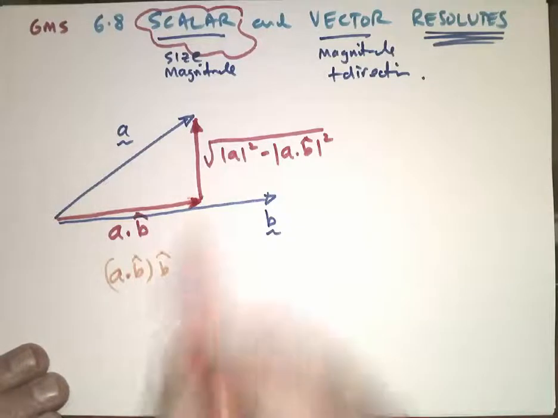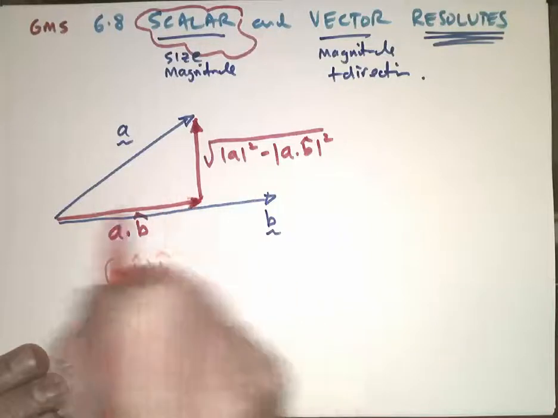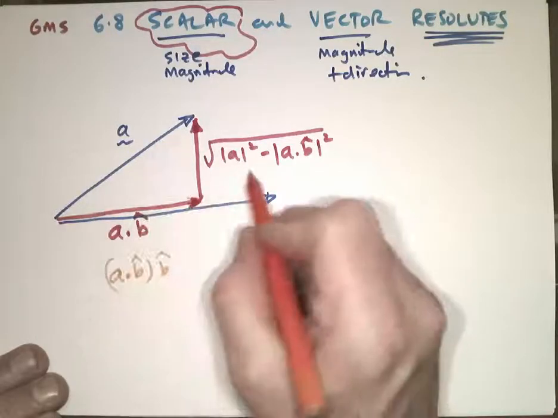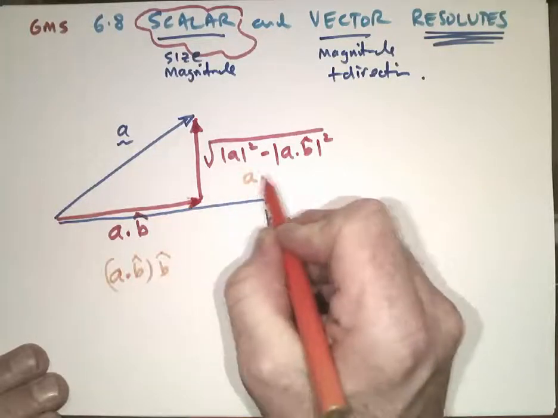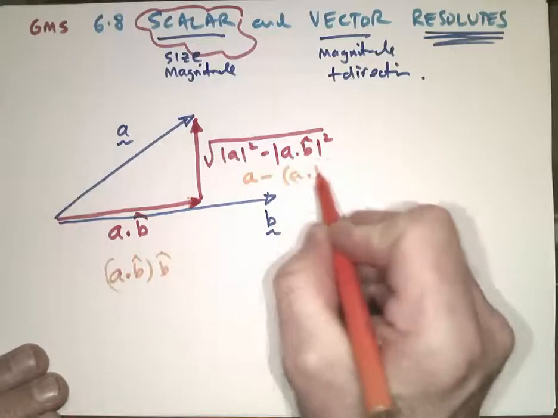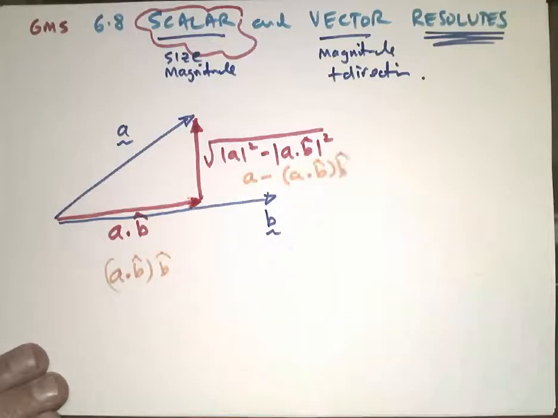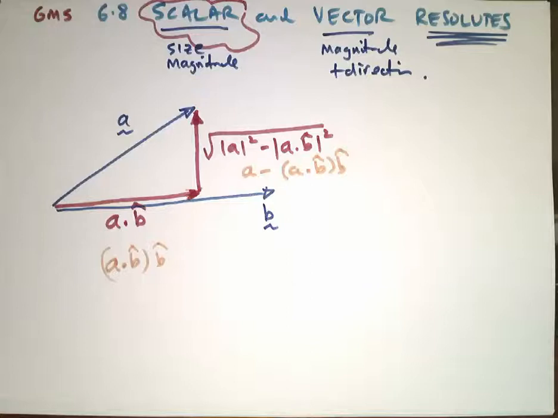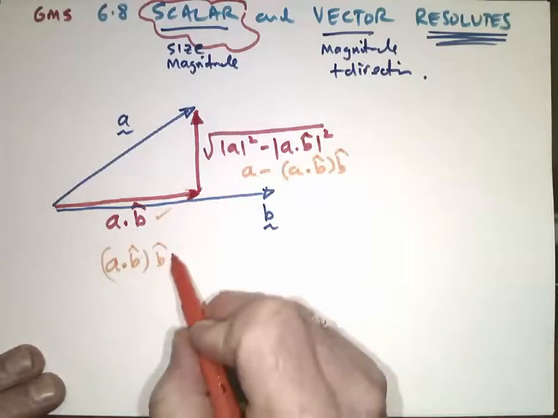And then to get what this is, because I have this vector backwards and that vector, it's going to be A minus A dot B hat B hat. This is what the scalar, that is just the magnitude, this is the vector.